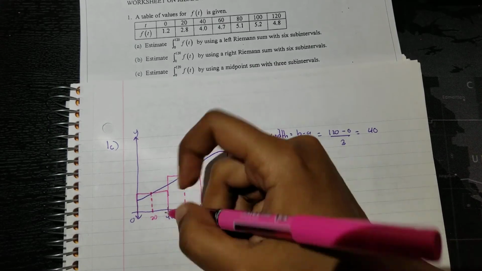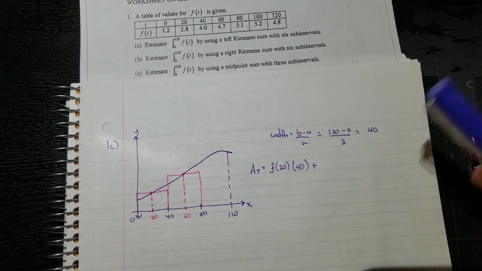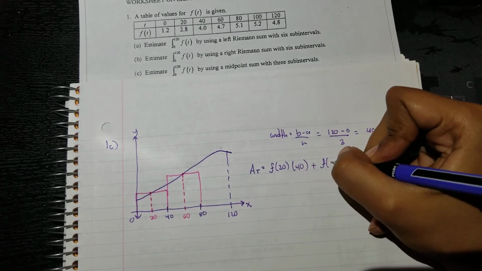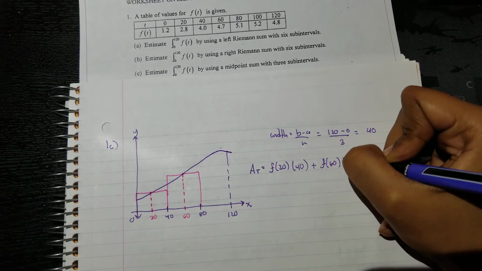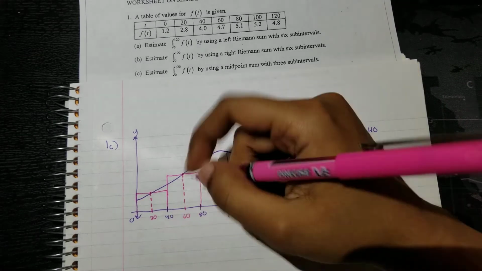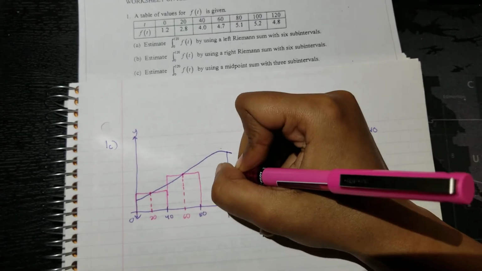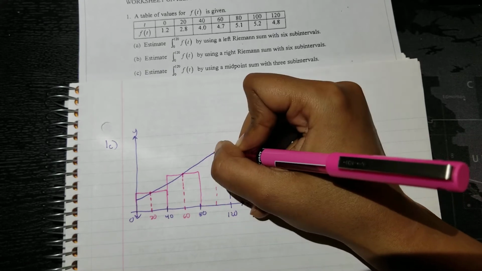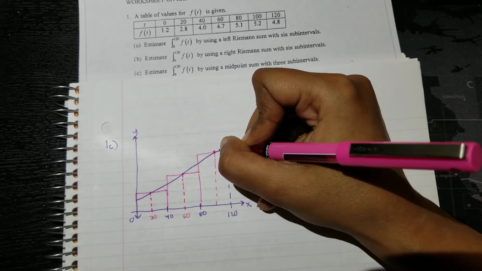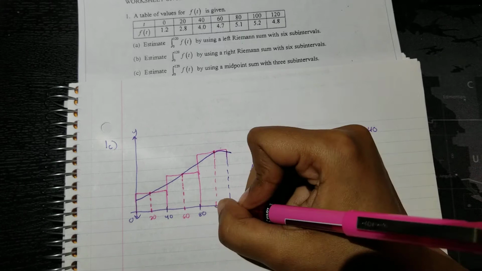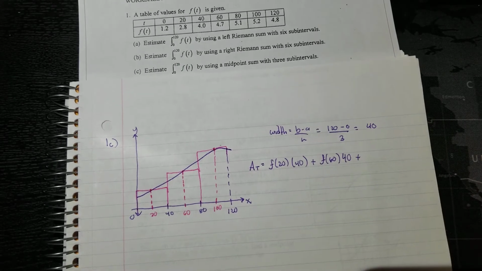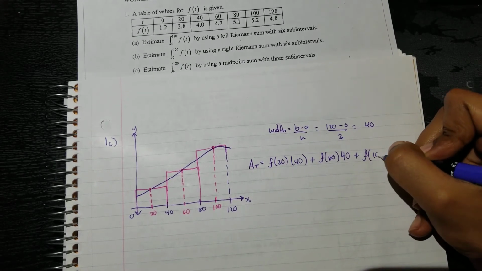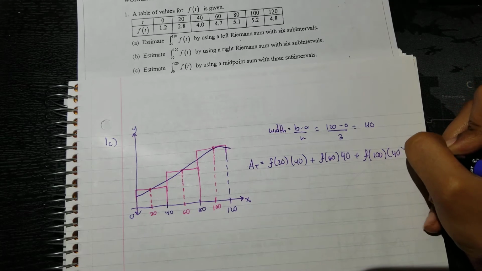So I have f of 60 times 40 plus, and then halfway between 120 and 80 is going to be 100. So I have f of 100 times 40.